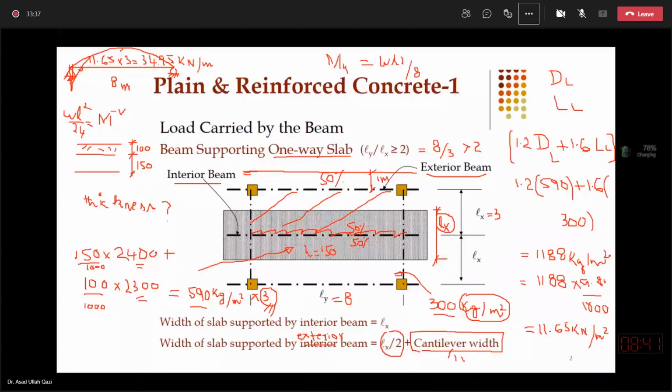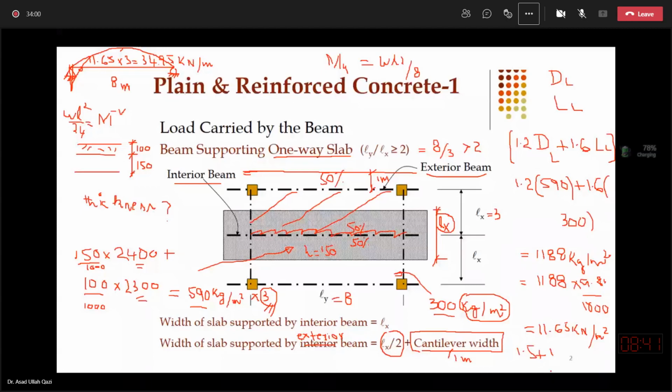So for this particular problem, it will be Lx by 2 equals 1.5, plus 1. If a cantilever is present, I will multiply the ultimate pressure with 2.5 to get the load on this exterior beam.